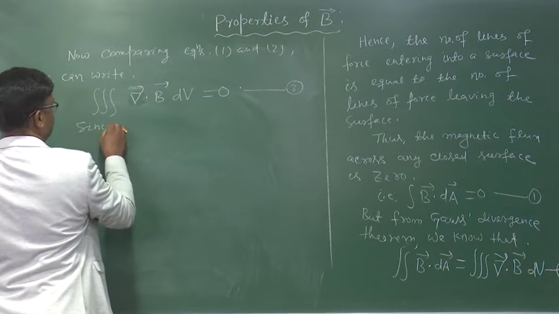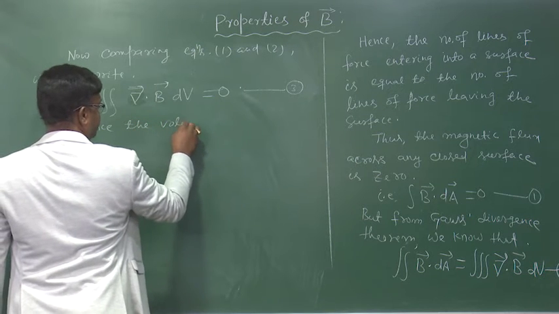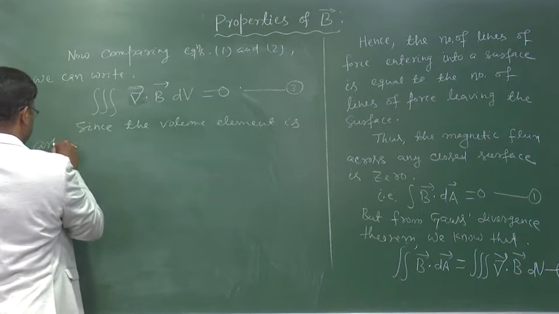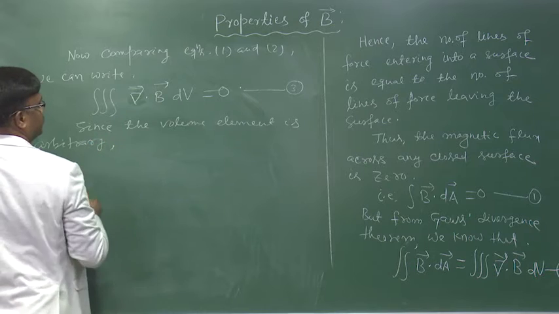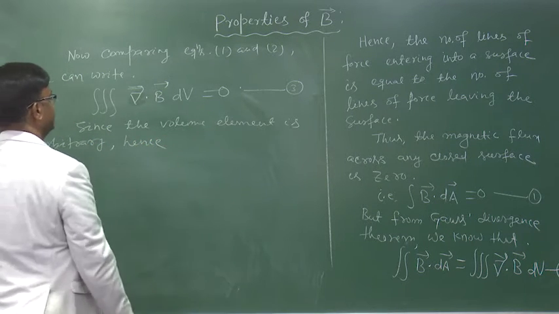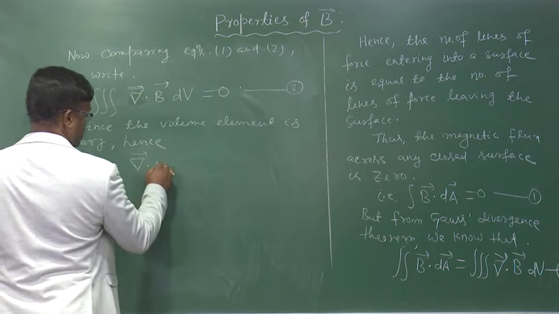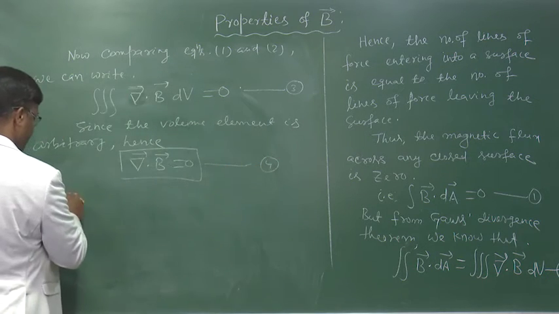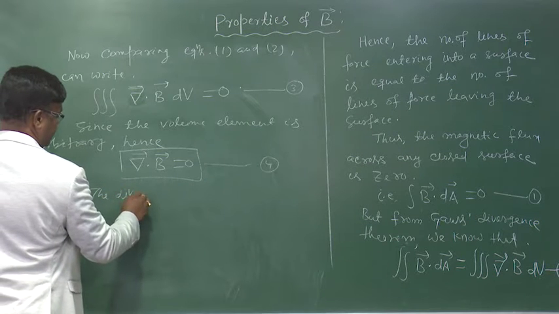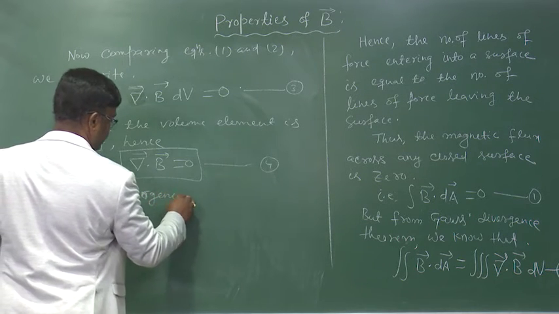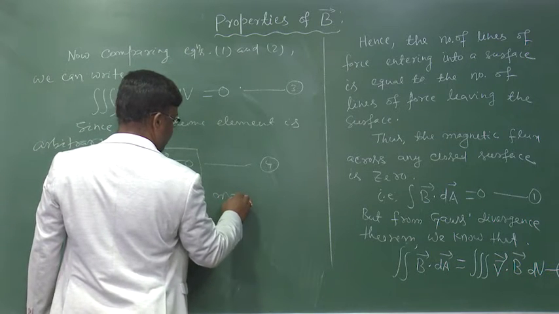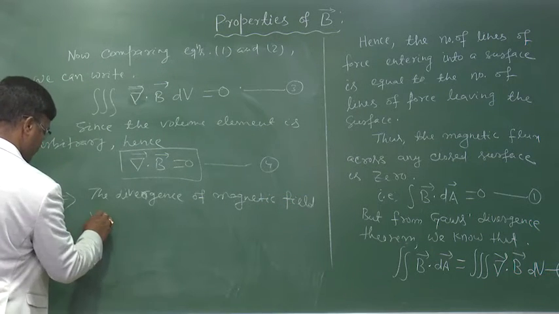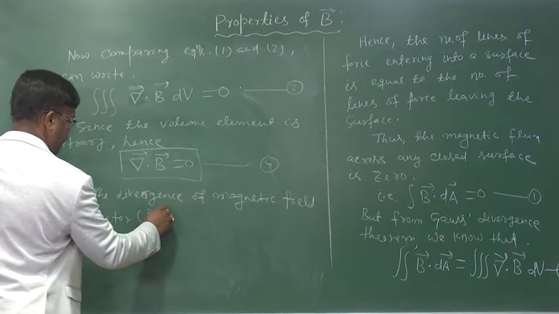Since the volume element is arbitrary, hence grad dot B equal to 0, which implies the divergence of magnetic field vector B vanishes.